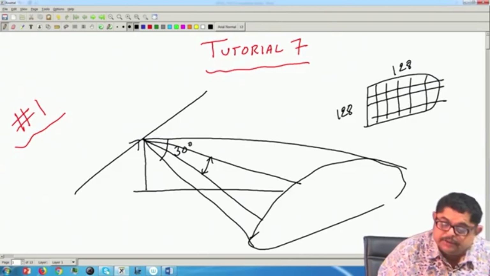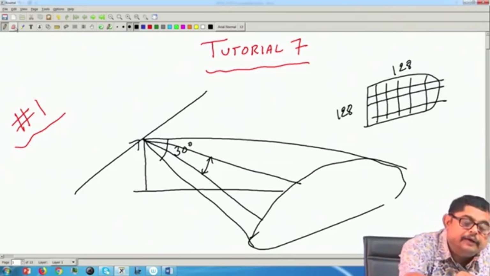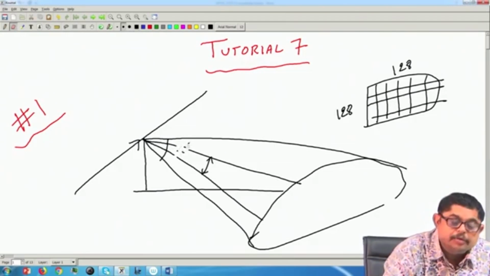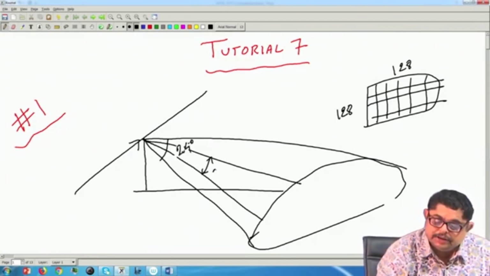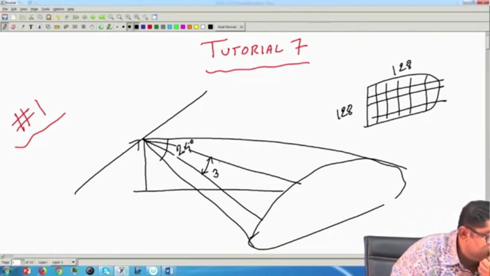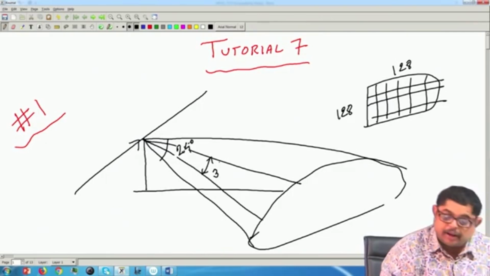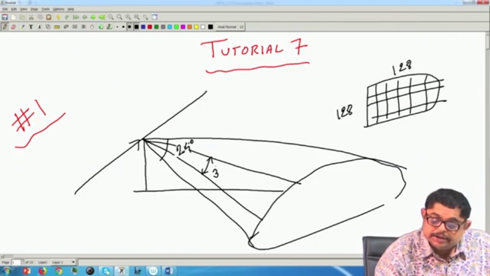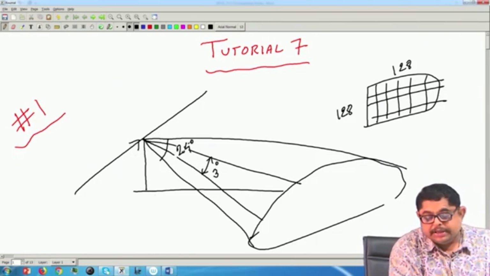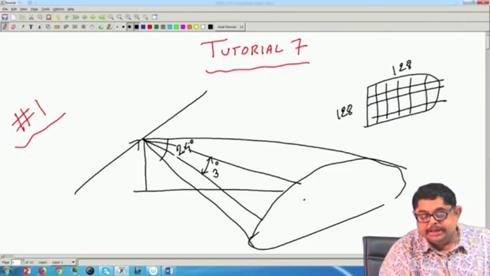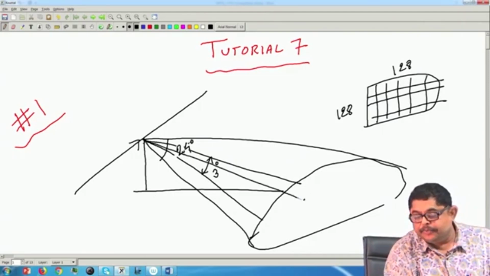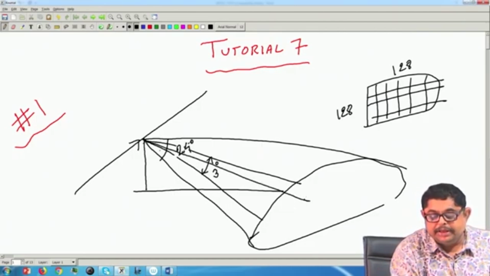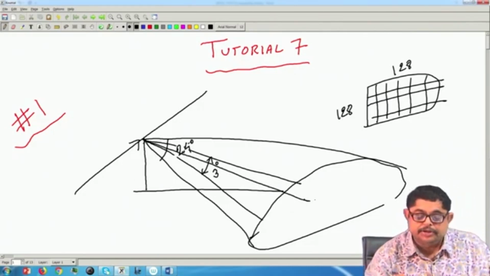The question says the sector width is 24°, so this is not 30, and the beam width is 3°. What was said is that the center of the sector is at an angle of 30° from the track. So, that is a different story.